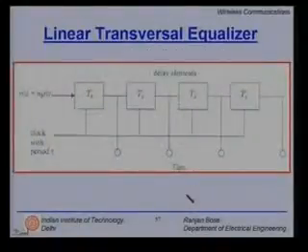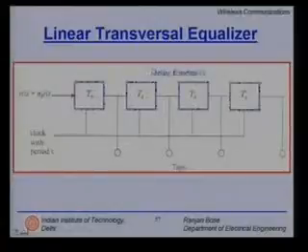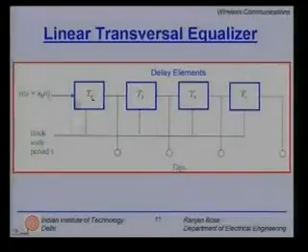In this slide, we have a simple structure for the LTE or linear transversal equalizer. As you can see, we have the delay elements. Ts represents the symbol duration. Here you have yt plus nbt. nbt represents the baseband noise. Please remember, the equalizer is designed to work in the absence of noise.